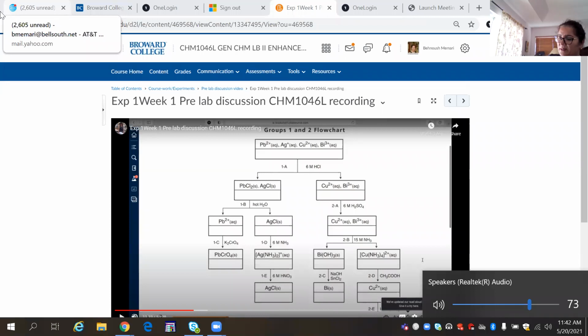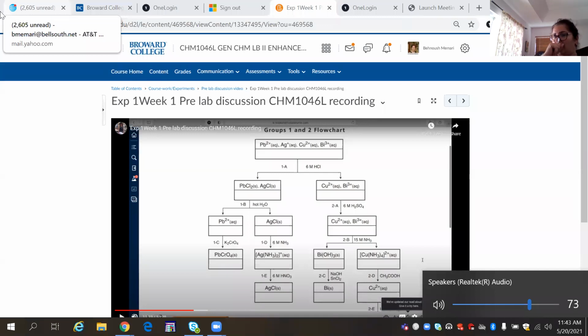When you are writing the conclusion, you want to say what test was done that confirmed you had silver ion, which test you performed, and what was the evidence that showed that you have lead ion. Same thing for copper and bismuth. So you basically rewrite everything that you have on the table, but in a word and paragraph format.